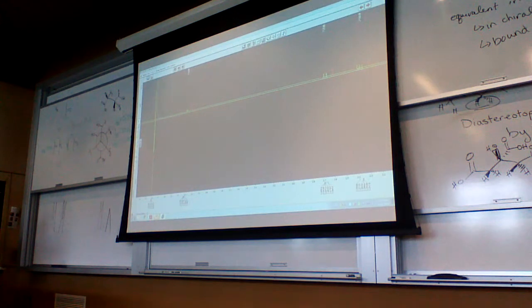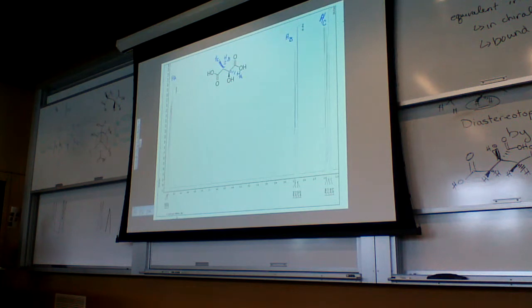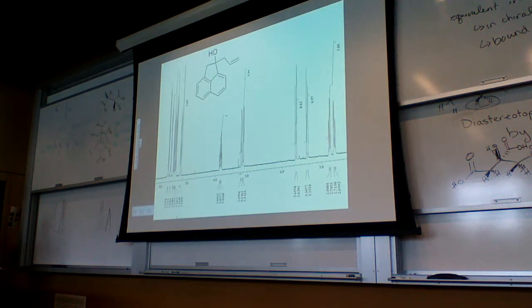Any other questions? Let's look at another example. This is a huge molecule, but I want to focus in on this alkene region and the protons that are on the alkene and then the CH2 group next to it. So we're going to look specifically at these ones.